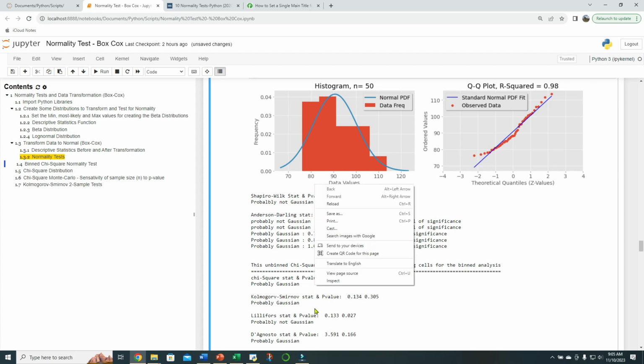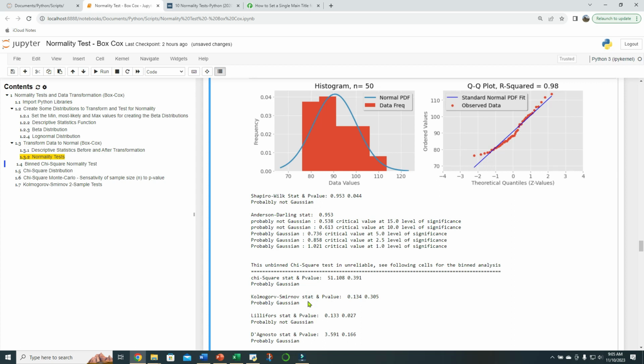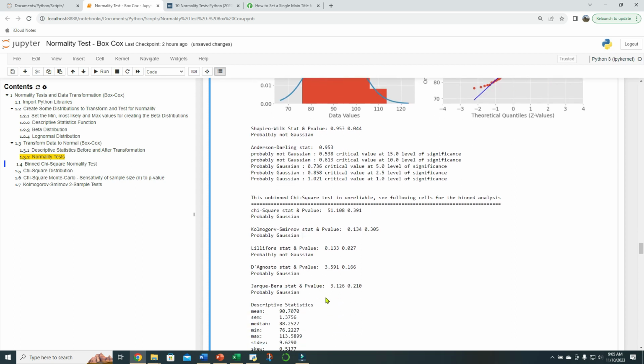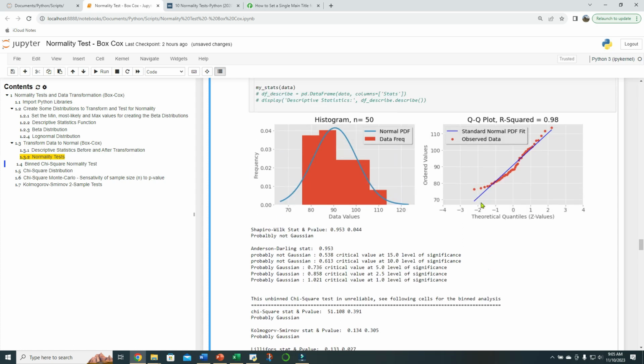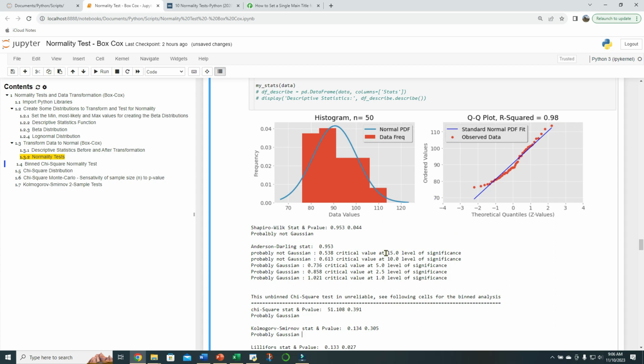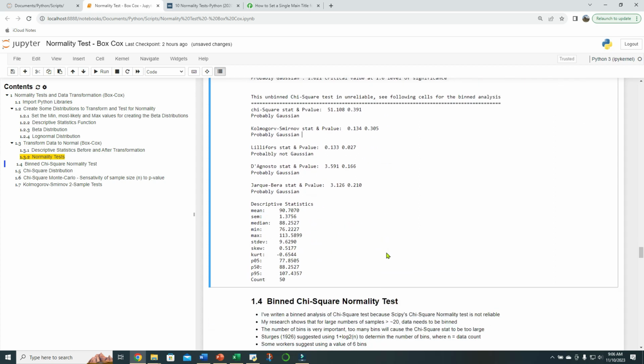I don't know. Kolmogorov says it's probably Gaussian. So at small samples, it has a hard time determining whether it's really normal or not, but you're only going out to 2 standard deviations. And what we saw before was the big deviations from the linear trend were occurring after about 2 standard deviations on either side. So that is the issue here.